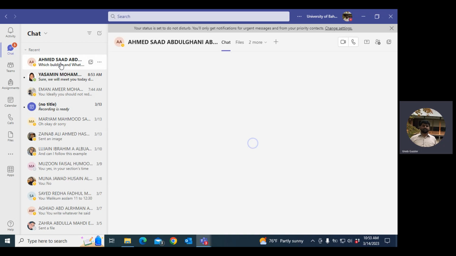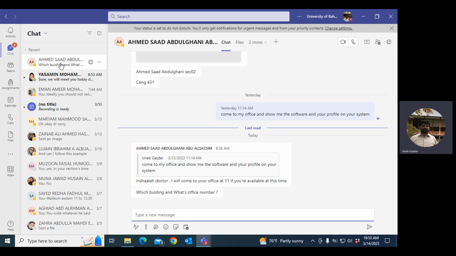I tried to register with my student account, but I cannot get the verification for the email. So I registered with my normal email, the Gmail. It's good. And you can still access the software? Yes.